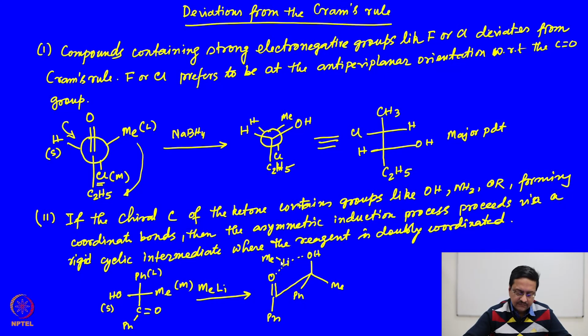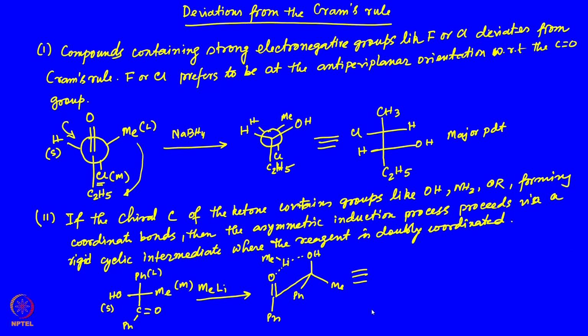And then the addition of the methyl group happens in such a way that you get the product as this one, the meso isomer.